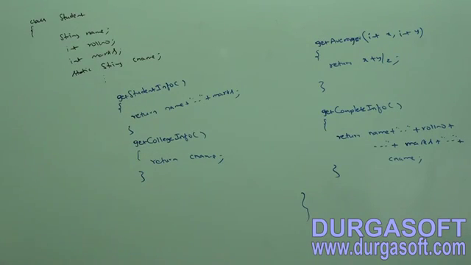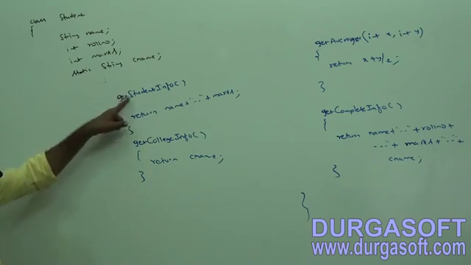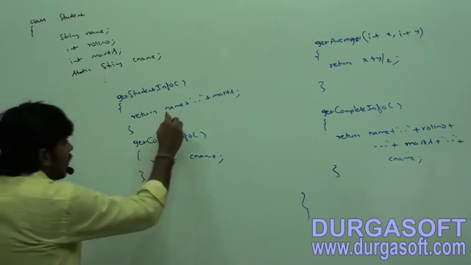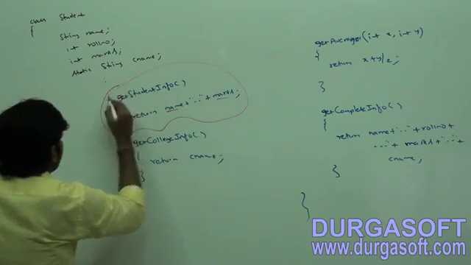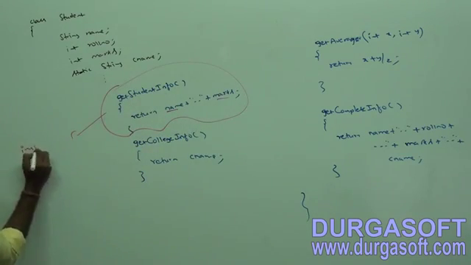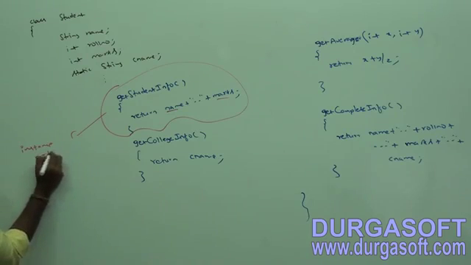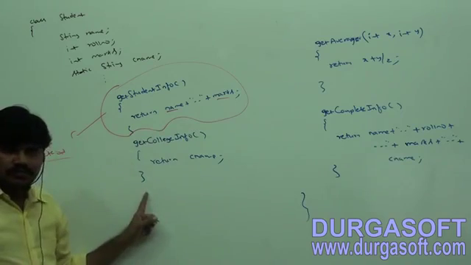Sir, can you tell, is the first method a static method or an instance method? First method we have to declare as an instance method, because within this method I am using instance variables. That's why compulsorily this method should be declared as an instance method. Sir, getCollegeInfo.